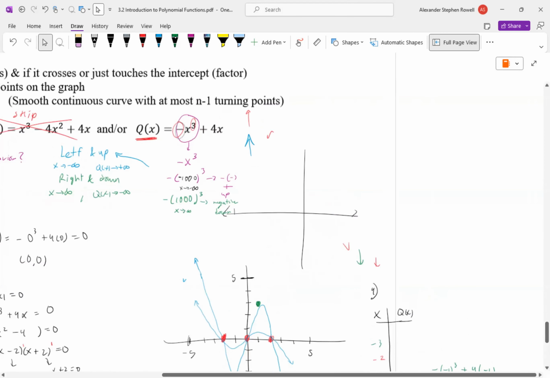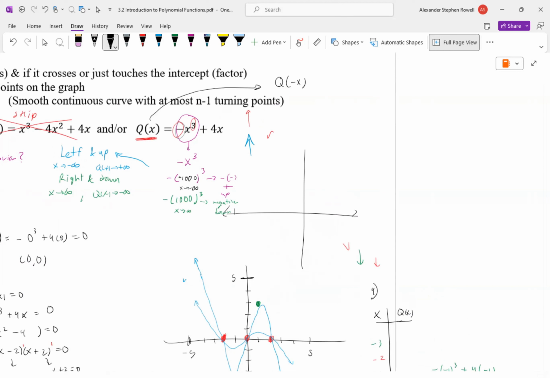So from our tests, how can we tell if this is even or odd? Plug in -x. What do we get? -x cubed plus 4 times -x. -x cubed is -x cubed. Yeah, okay. And then the double negative cancels to make a positive x cubed. Is it odd?